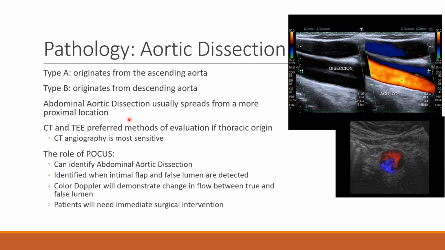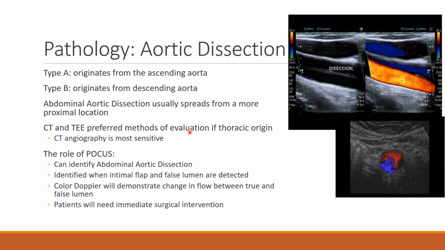So we know that once a dissection begins, it can spread. The dissection is where the tunica intima is going to separate from the tunica media, and it's going to create what's a false lumen. As that false lumen gets larger and larger, it is going to cause obstruction of the true lumen, which will then mean that you cannot progress that arterial oxygenated blood to the organs as necessary.